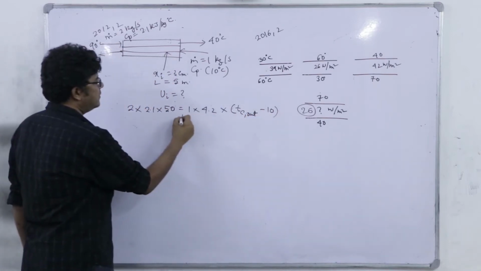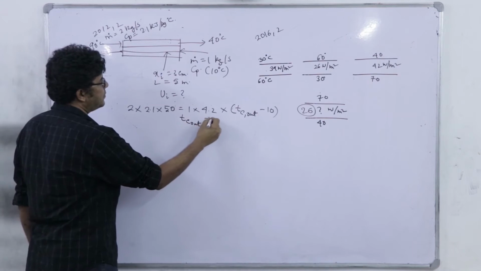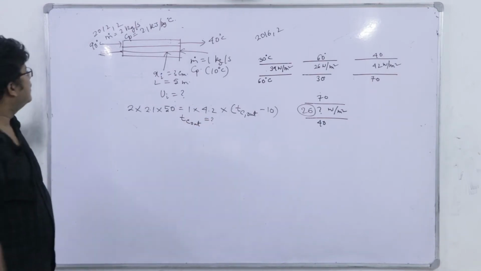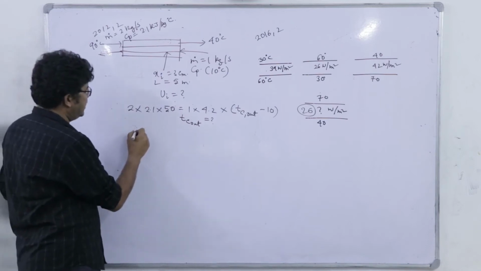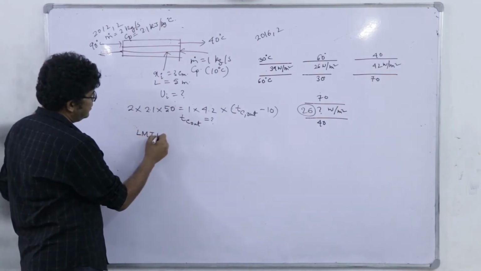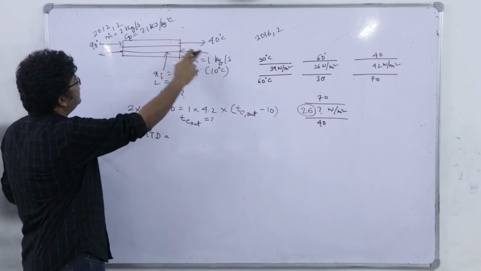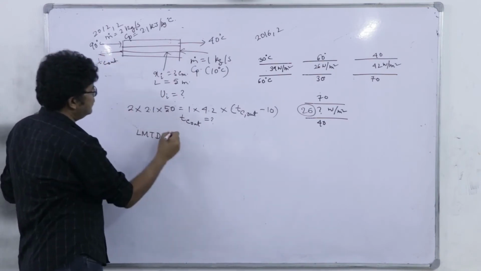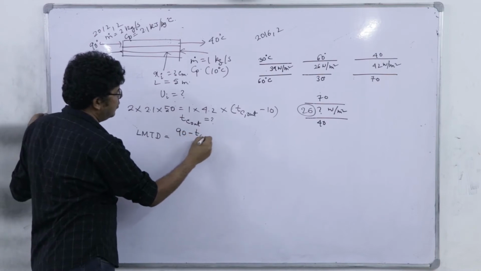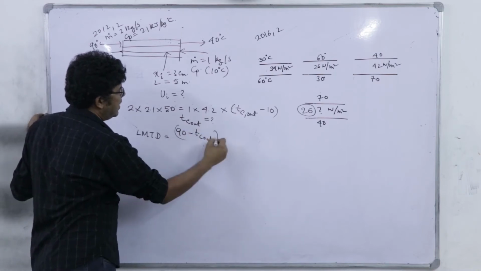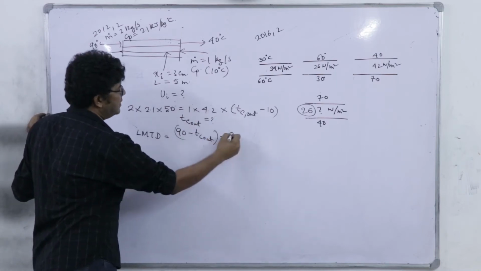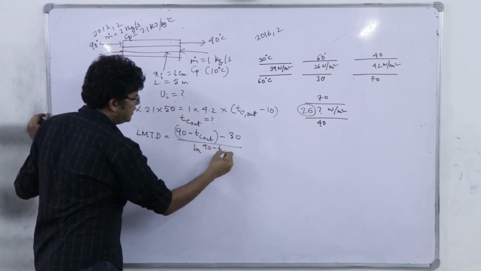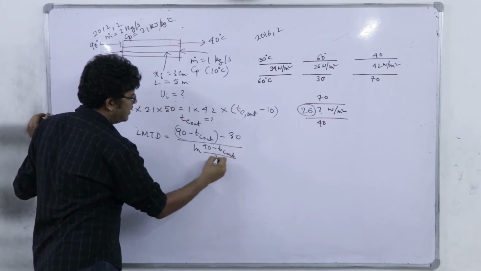So you can get this T C out, and it is a counter current heat exchanger. So obviously LMTD will be (90 minus T C out) minus (40 minus 10), which is 30, divided by ln of (90 minus T C out) divided by 30.